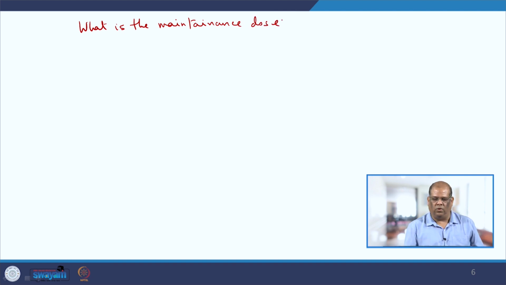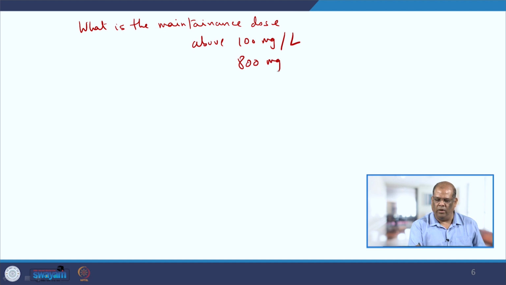The next part is, what is the maintenance dose that will keep this drug above 100 mg per L and below 800 mg per L?